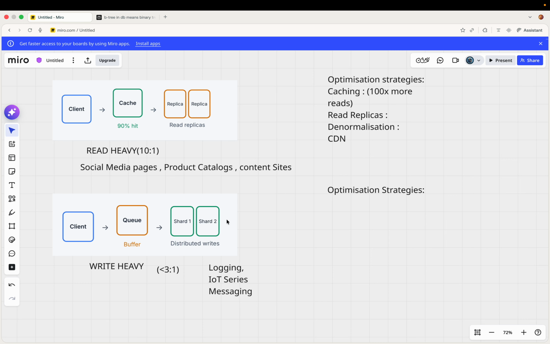As it is a write heavy system, the read query probably doesn't come immediately, so we have some time left. During that time we can do background processing and write into disk.